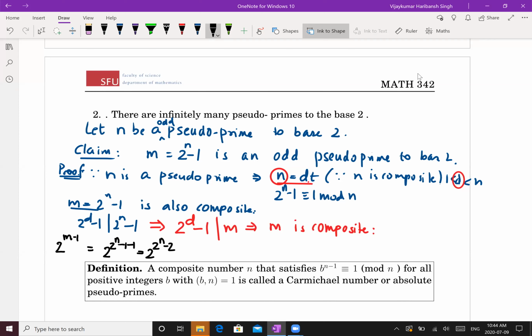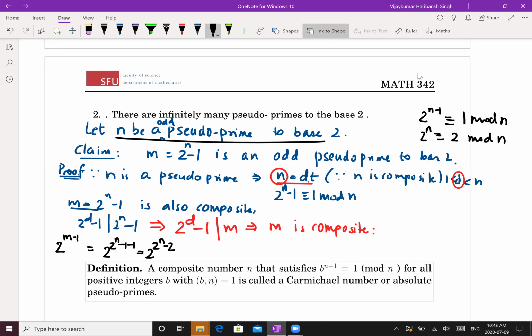So note that 2 to the power n minus 1 was congruent to 1 mod n, since n was a pseudo-prime, or 2 to the power n was congruent to 2 mod n.